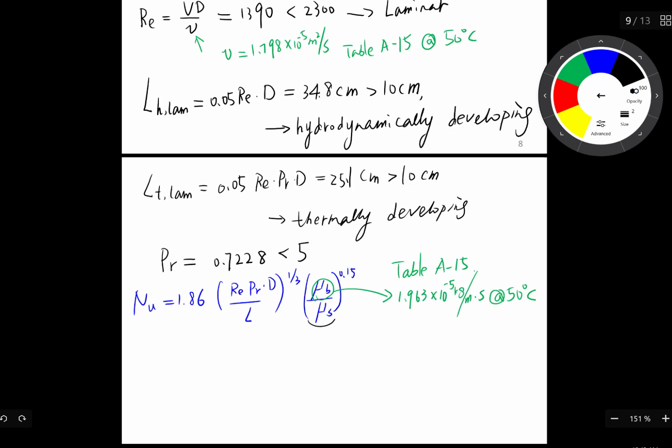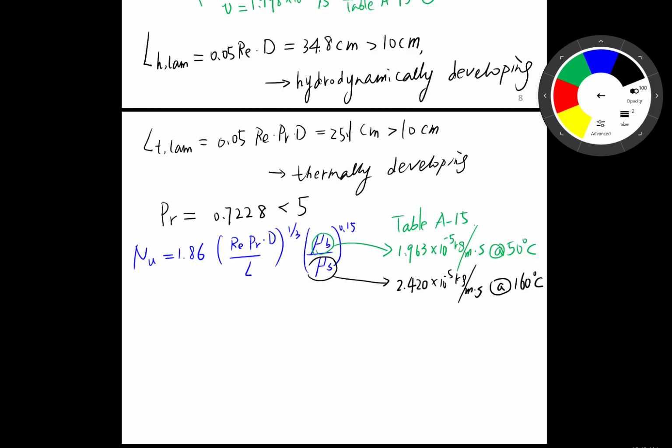And this mu s is evaluated at the surface temperature, which is 160 degrees Celsius. And plugging in numbers, we can find the Nusselt number. Then we can compute the convection coefficient.